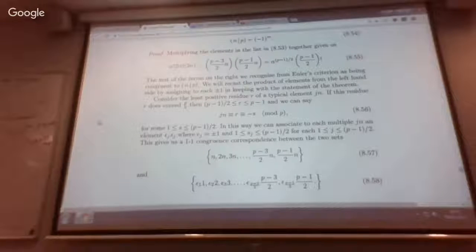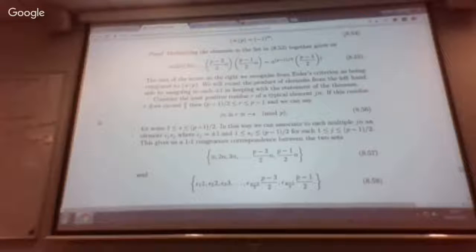Okay? So if r is one of the high congruence classes, we can consider that the negative of one of the lower congruence classes. Because everything up here is the negative of something down here. Okay? p minus 1 is the negative of 1. p minus 2 is the negative of 2, etc.